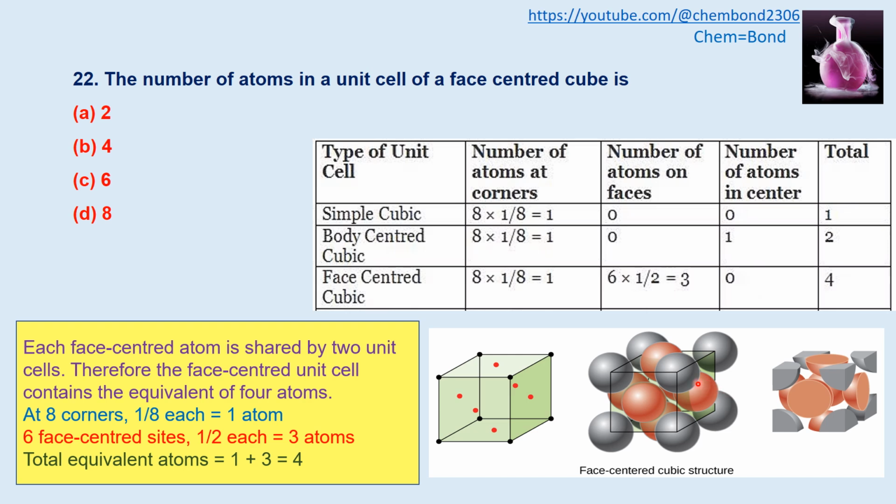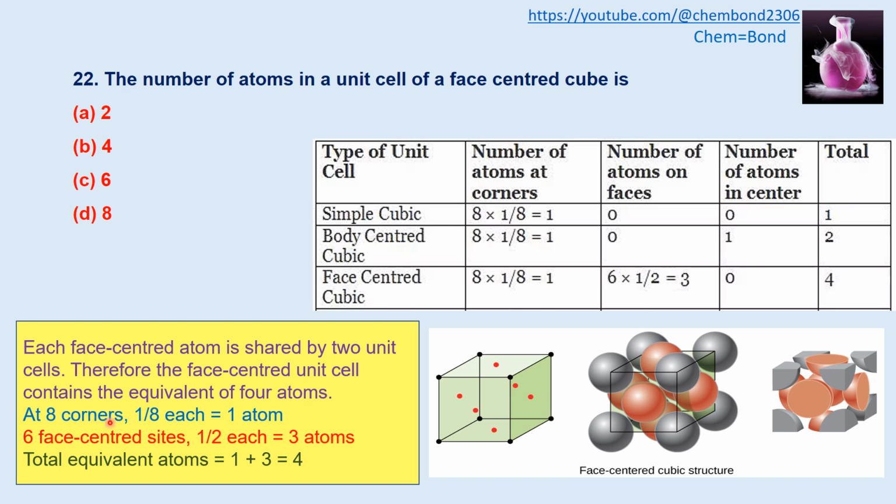So each face atom will be divided by 2. There are 6 faces, so we will divide 6 by 2. And there are 8 corners, each have 8 atoms, so all these 8 atoms will be divided by 8. So there are equivalent of 4 atoms.